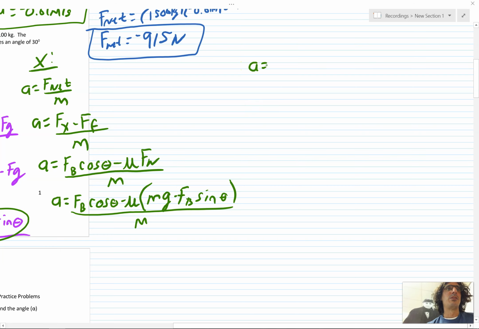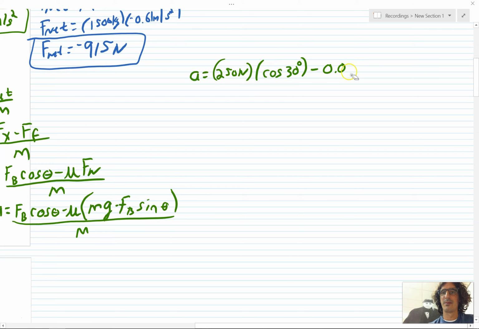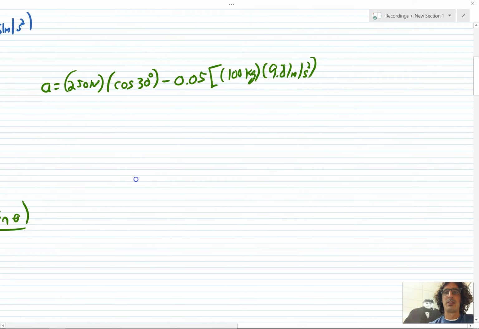So we get A equals 250 newtons times the cosine of 30 degrees minus mu 0.05. Let's make a bracket, and then we have mg, so that's 100 kilograms, times g, 9.81 meters per second squared, minus the force of Bella again, 250 newtons, times the sine of 30 degrees.